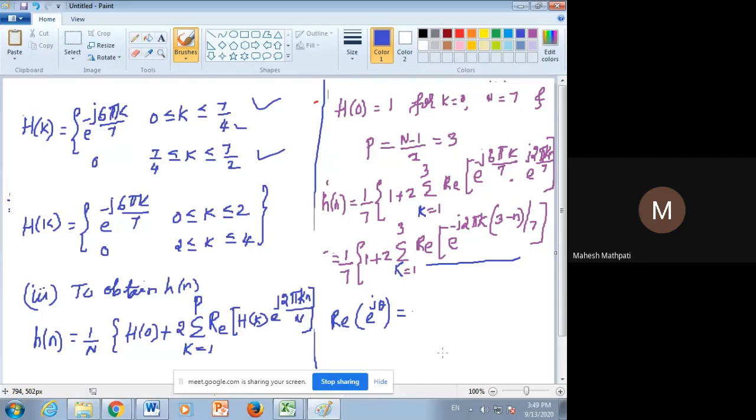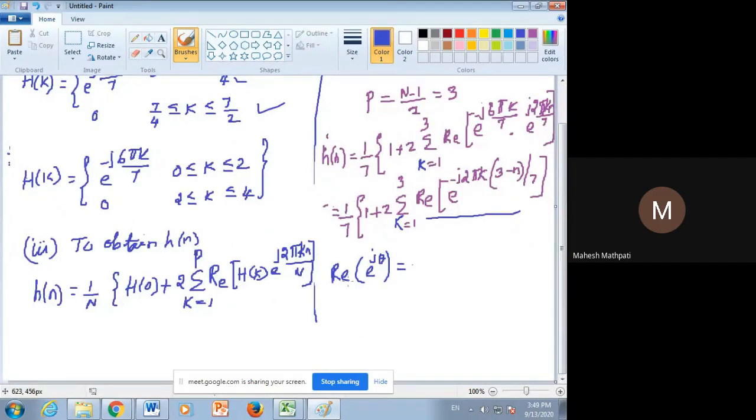Real part of e power j theta. For your better understanding, again I will write: e power j theta can be written as what? How can I write this? E power j theta is cos theta, here if it is plus then plus, plus j sin theta. Okay. Now which is the real part in this?